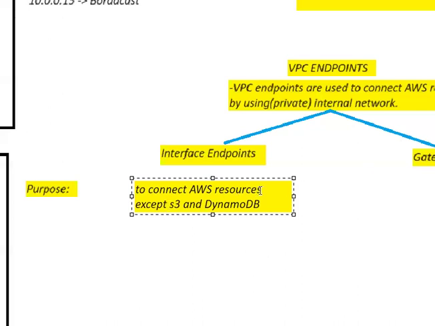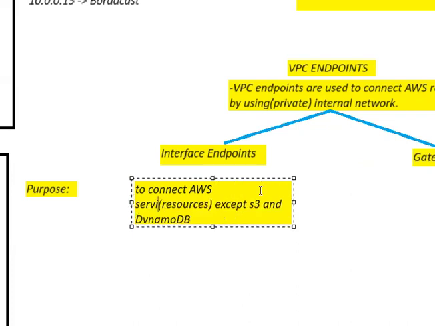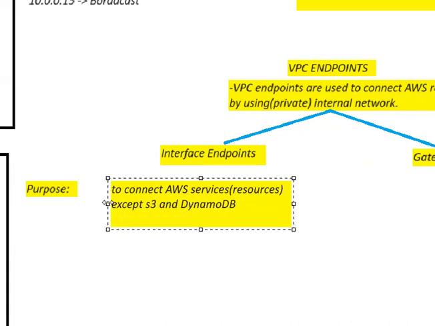You can say these resources even as services. In AWS, we call services resources, right? So by using these interface endpoints, you can connect AWS services except S3 and DynamoDB.